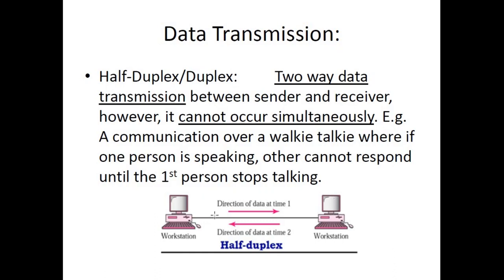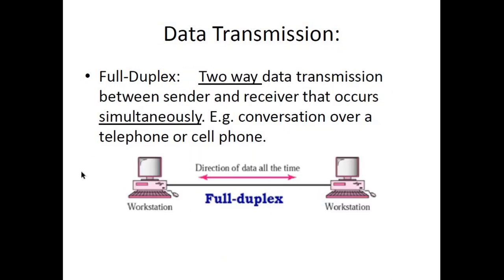He has to wait until this transmission is over, and only after that it can send the reply back. For example, a communication over a walkie-talkie or a wireless set, where if one person is speaking, the other cannot respond until the first person stops talking.